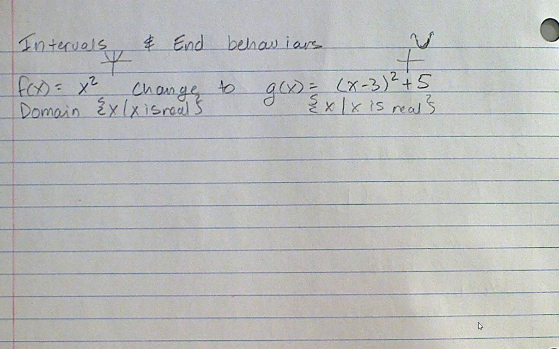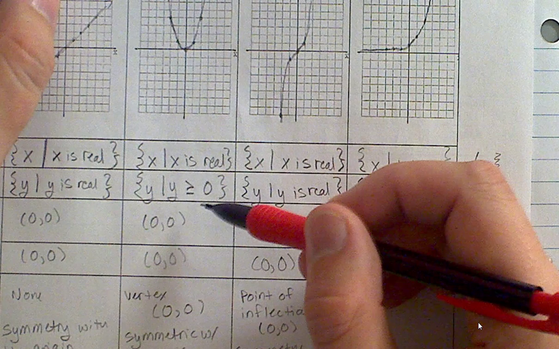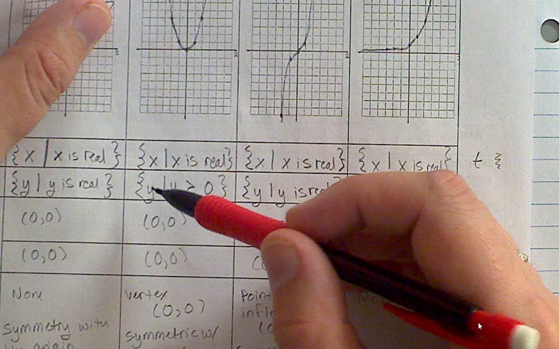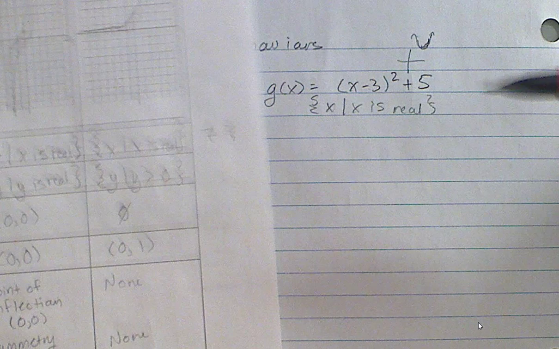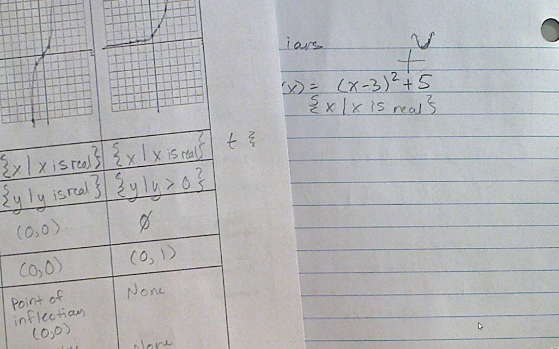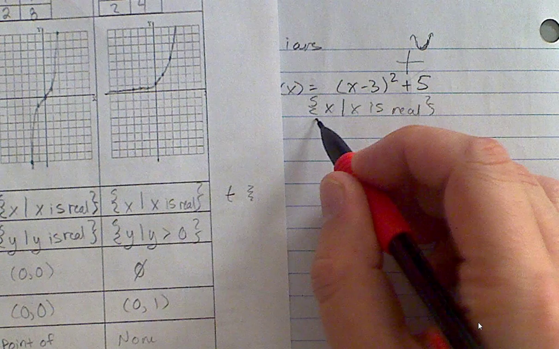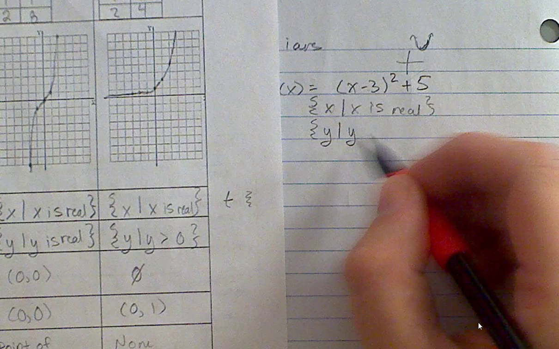Okay? The next thing that we talked about with the original quadratic is the range. The original quadratic had a range of y such that y is greater than or equal to 0. Well, this is going to be changed by the fact that I moved it up 5. So y is such that y is greater than or equal to 5? Yeah.